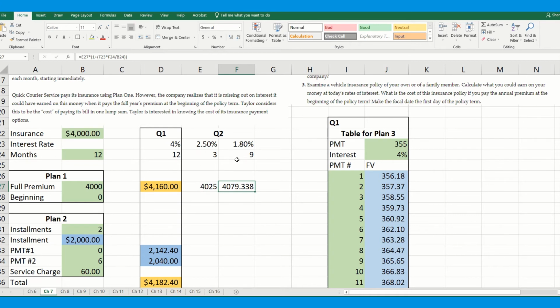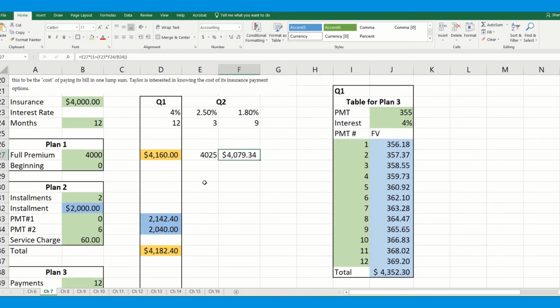And then after that, it grew at 1.8% for the following 9 months. So this ends up being our present value to grow for the next 9 months. So I'm going to change that to a dollar sign. And that's actually our answer.